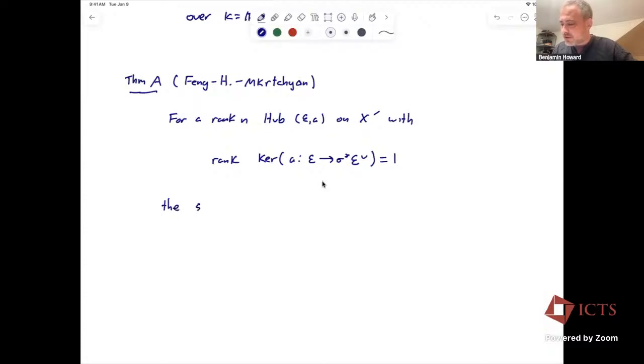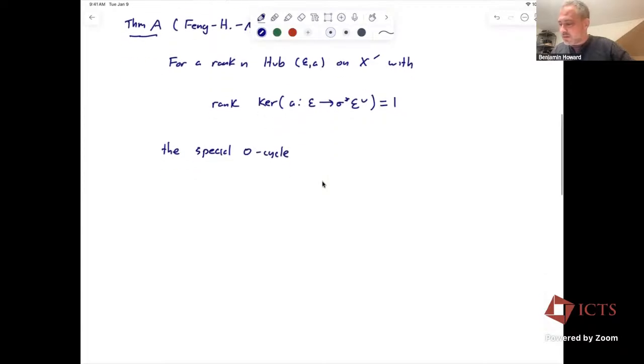So in that case, the special zero cycle. In this case, we had these sort of naive cycles, and we corrected them in order to get something in the codimension that we wanted.